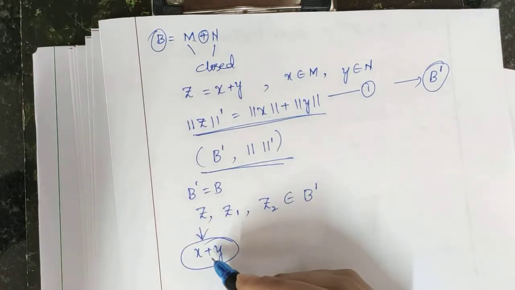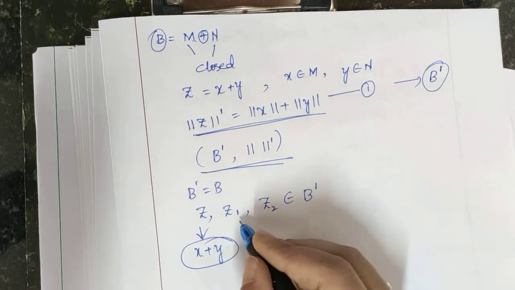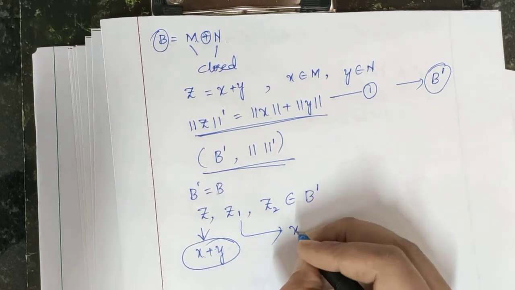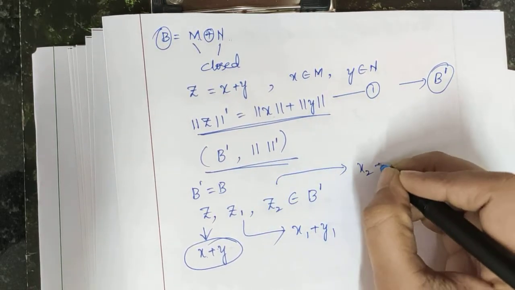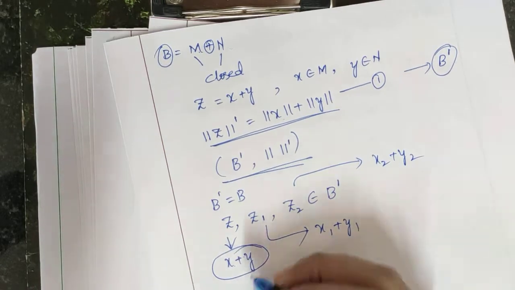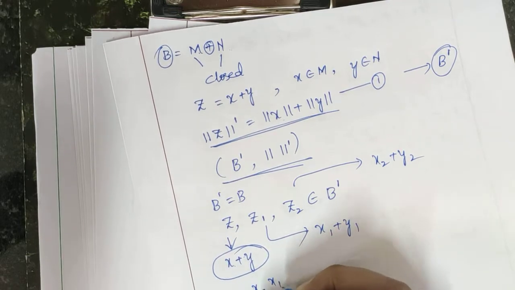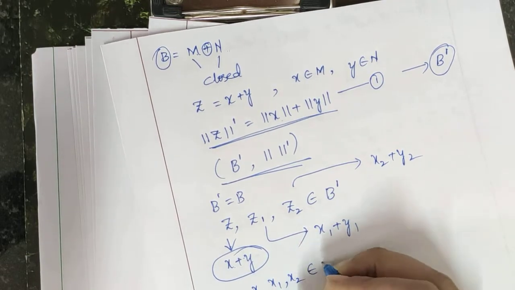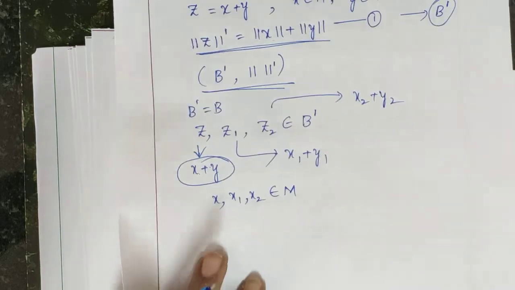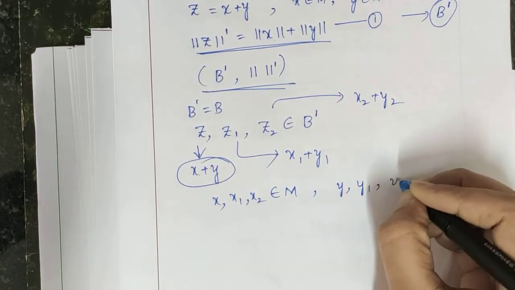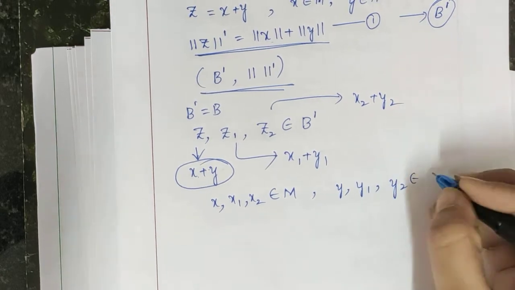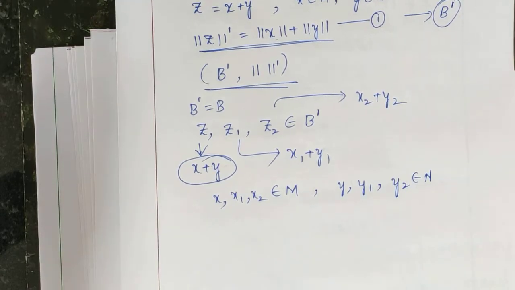If Z is equal to X plus Y, then I can write Z1 as X1 plus Y1 and Z2 as X2 plus Y2, right? Now your X, X1, X2 belong to the closed linear space M, and Y, Y1, Y2 belong to N, right?